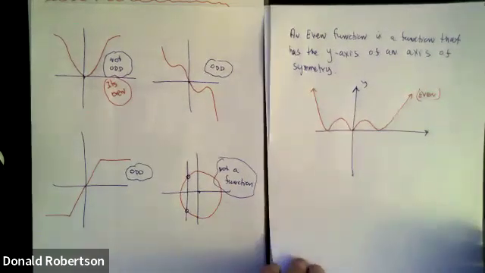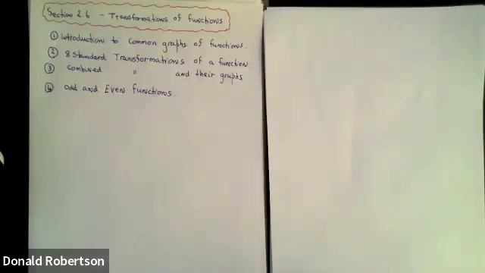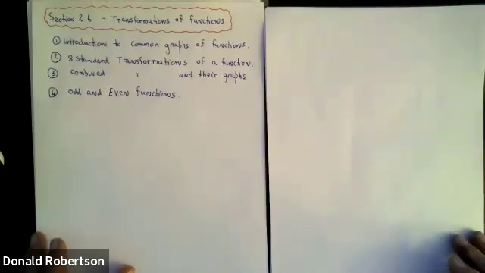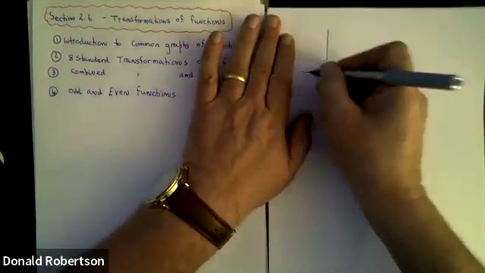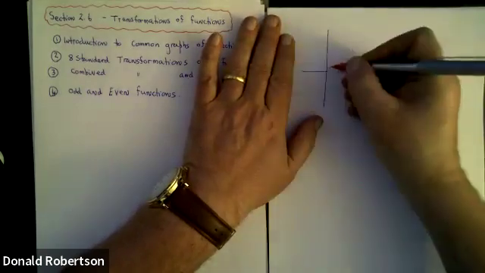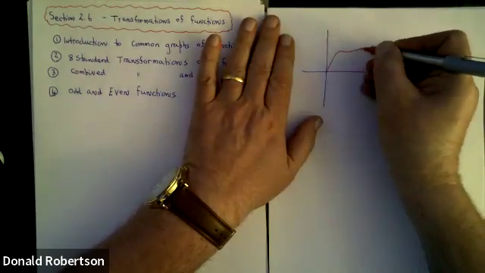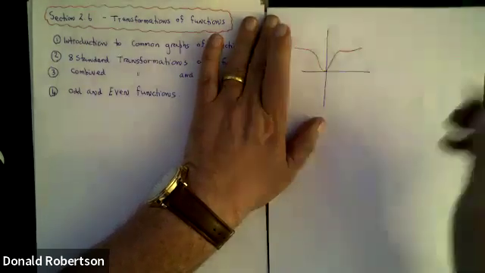So what else do we need to talk about? Well, if you are given a function and you would like to know, is it odd or even, or neither? That's the other possibility. It's neither odd or even. So you could get a function that's even.